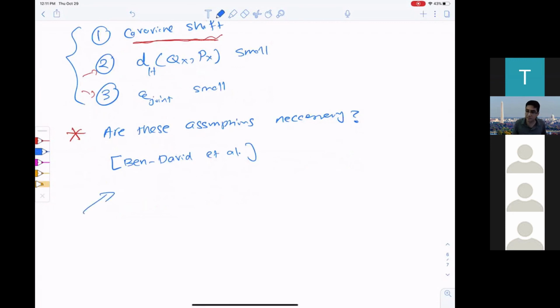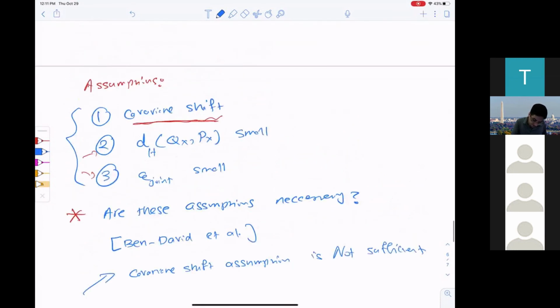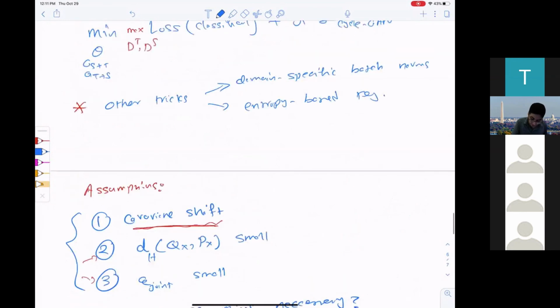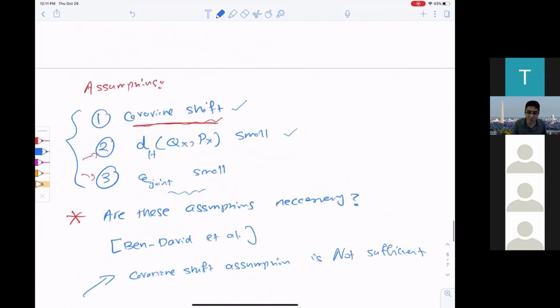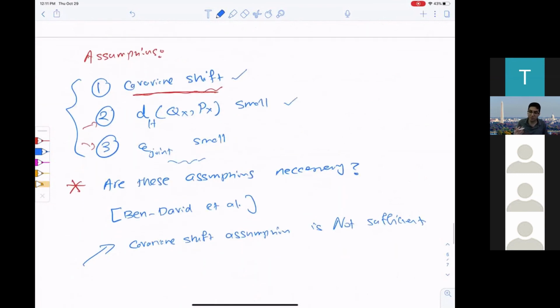Basically, through some interesting examples, they show that the covariate shift assumption is not sufficient. You can come up with an example where covariate shift holds, the divergence is small, but the joint error is large, and therefore you won't be able to have a successful domain adaptation.